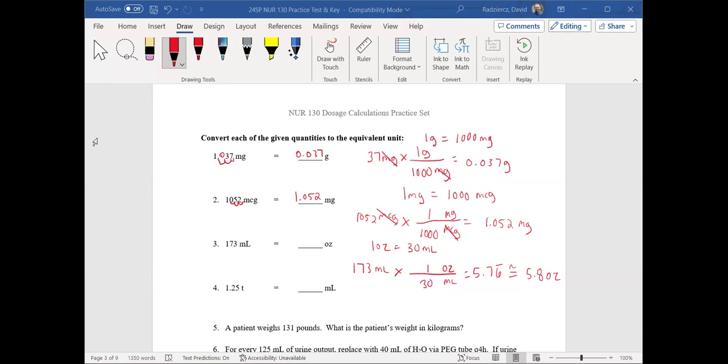The other thing I was going to mention is, in reality, let's say you were preparing a meal or something like that, and this is kind of what it called for, and you converted milliliters to ounces, and you saw you had 5.8 ounces. In reality, you're just going to say 6 ounces, right?